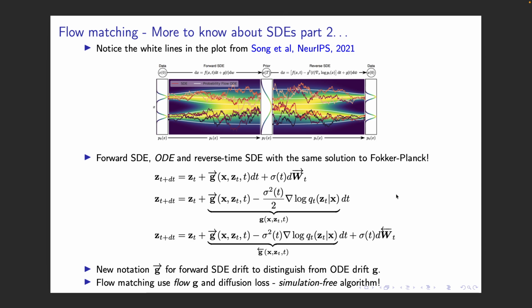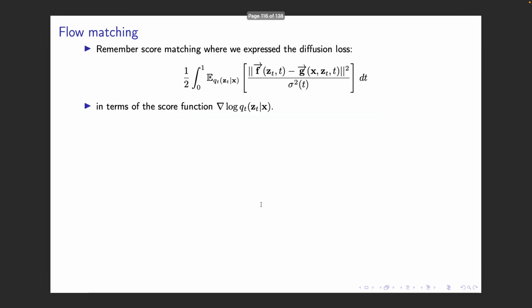Yes. So what we do now is we go through the same exercise as we did with score matching: we take the diffusion laws we know from our diffusion models, and then we rewrite that in terms of a flow, and the flow is nothing but the drift function in the ordinary differential equation.